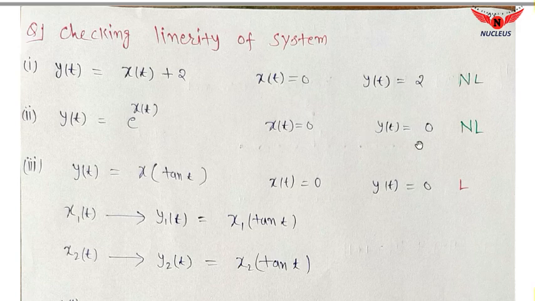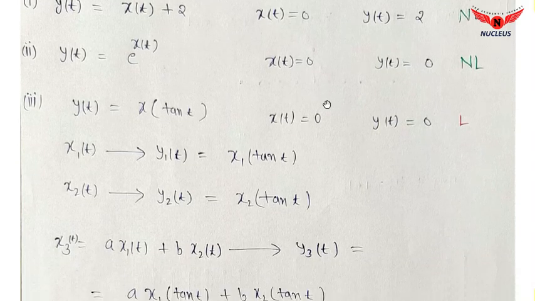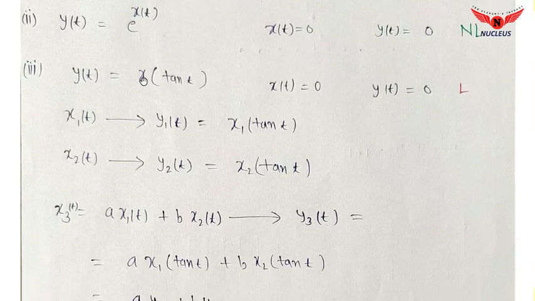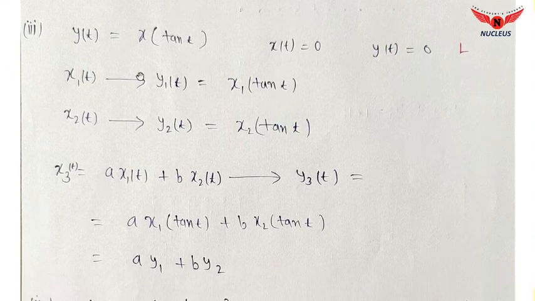Please remember, for a linear system yt should be 0 when xt is 0. The third example is yt equal to x of 10t. You can see when xt is 0, yt is also 0. So this system is linear. You can also verify from the properties.